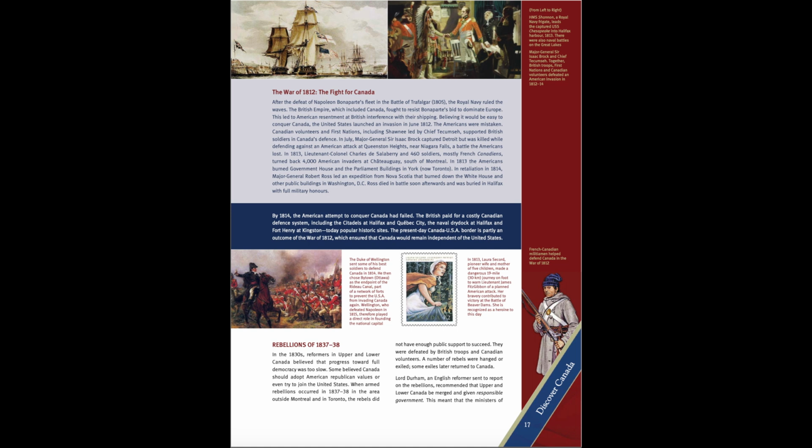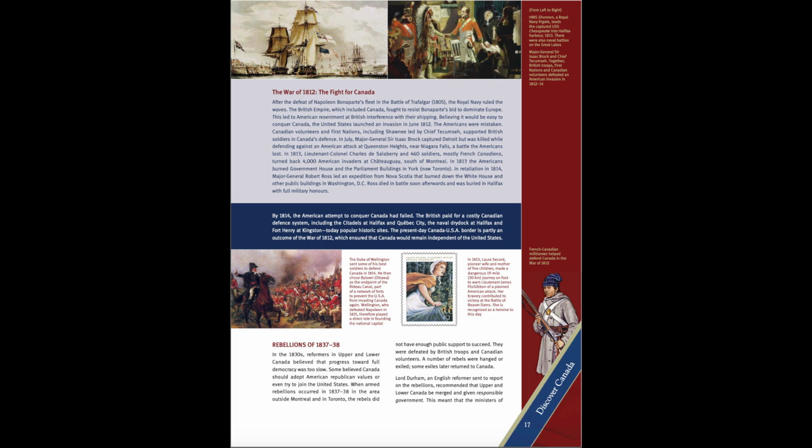Some of them believed that Canada should become more like the United States, and some of them wanted to join the United States. They said there is no need to have Canada and the United States, let's have one country. So they were against the government. In 1837 and 1838, there were rebellions in Montreal and Toronto.